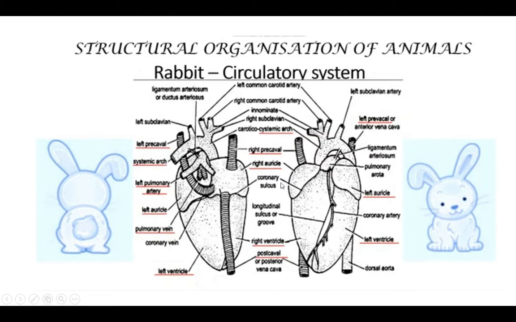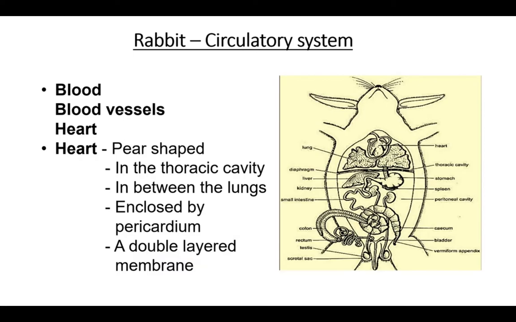This area you noticed as the right side. So you students should not confuse the human heart and the rabbit heart. That's why I have given you the comparative study of the human heart as well as the rabbit heart. Okay, now let me start to explain the circulatory system of rabbit.